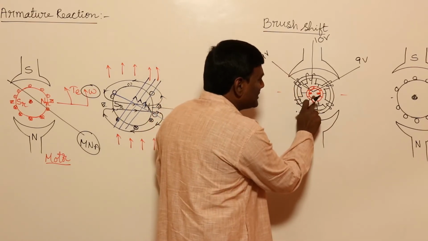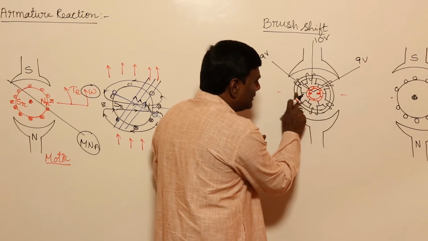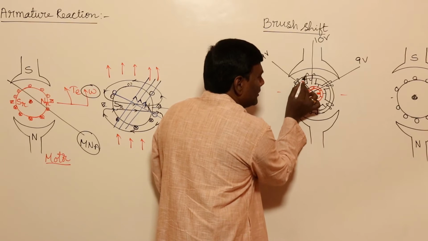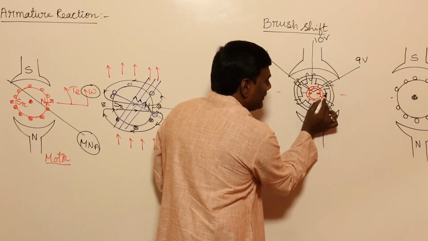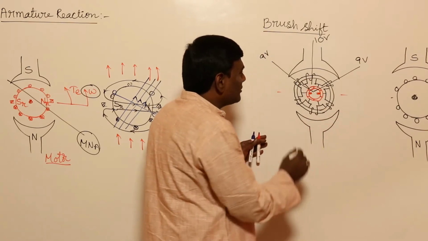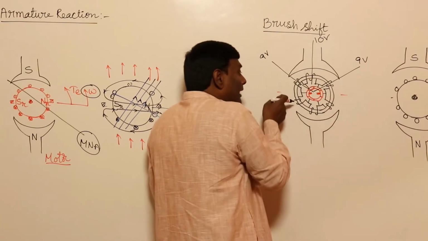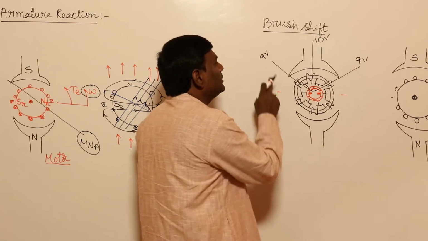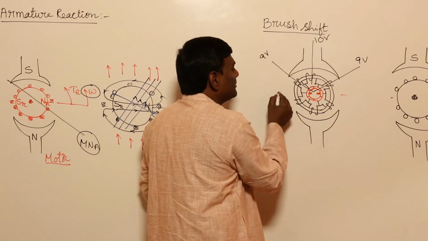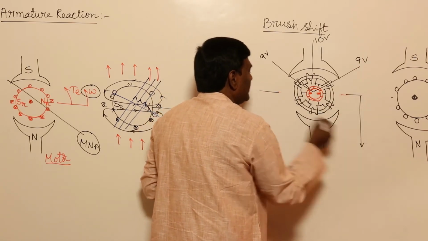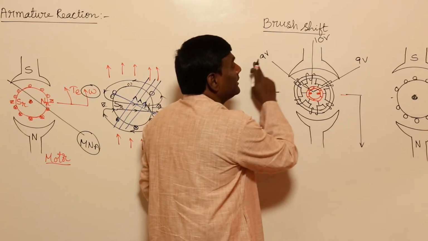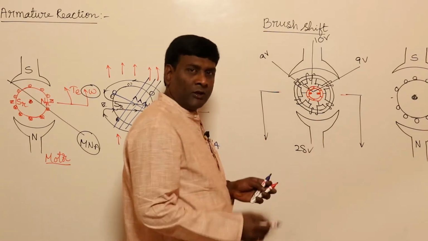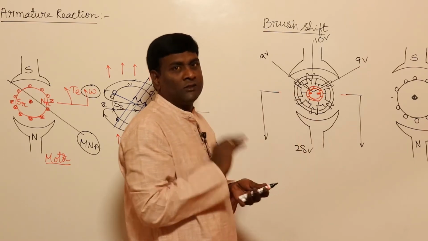Across the brushes, if you travel from the brush, this is the coil, this is the coil, this is the coil, this is the brush. So there is one parallel path and another parallel path. How much will be the voltage across the brushes? It is going to be 9 plus 9 is 18, plus 10 is 28 volts. In the upper section 28, in the lower section 28.